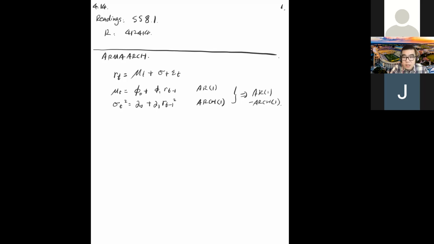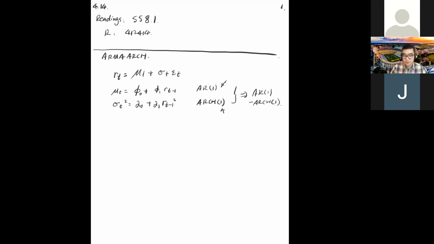So we can include more terms in this model. For example, you can make this an AR(2) model, or an ARCH(2) model, or maybe an ARMA(1,1) model, or ARMA(1,2) model. So you can have your model much richer.